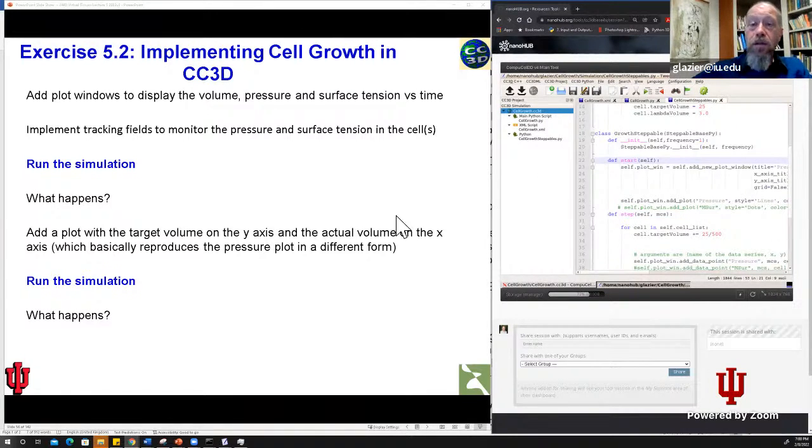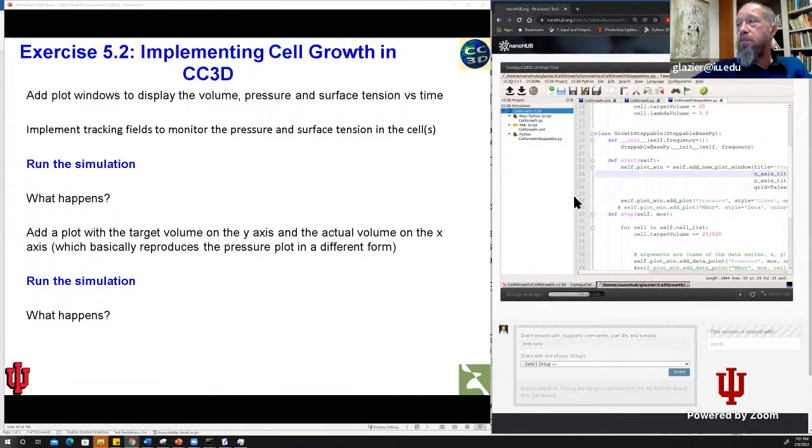So now that we've got that working, why don't we add also the ability to display the volume of the cell and its surface tension as well. And it's going to be up to you to decide whether you want to put those in the same plot window or not.